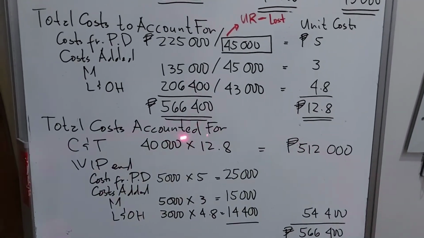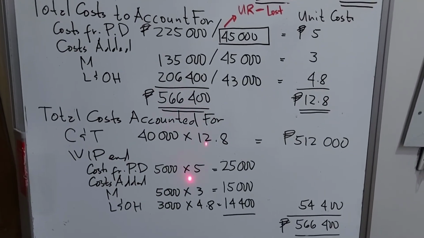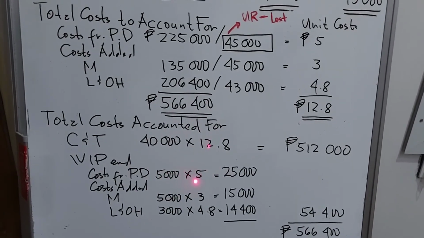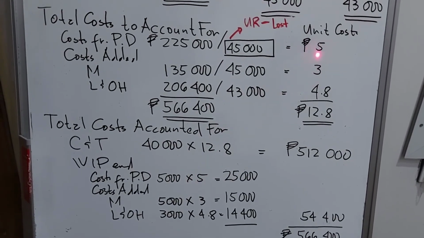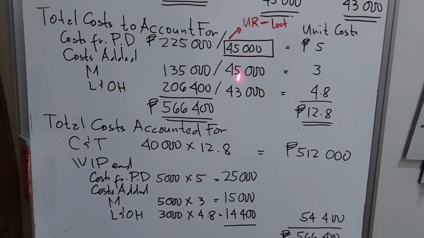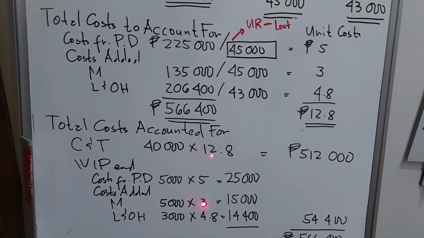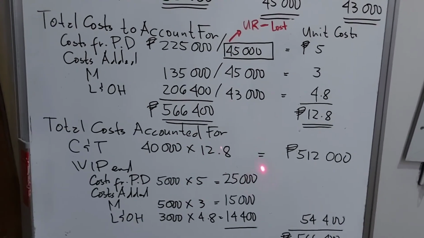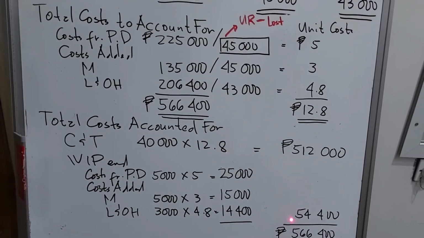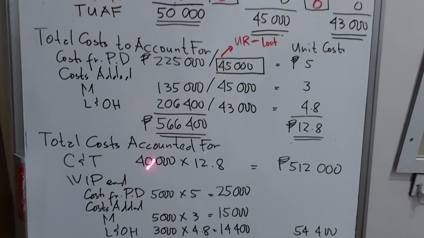Si work in process ending ba, na-absorb niya din yung cost ng loss units? Yes. Bakit? Kasi yung cost from preceding department dito, tinimes natin ng 5. Dapat 4.5 lang yan, pero tinimes natin ng 5 kasi inadjust natin yung cost from preceding department. Naging 5 pesos, ito yung naging cost niya. Na-absorb niya ang cost ng loss units ng normal?